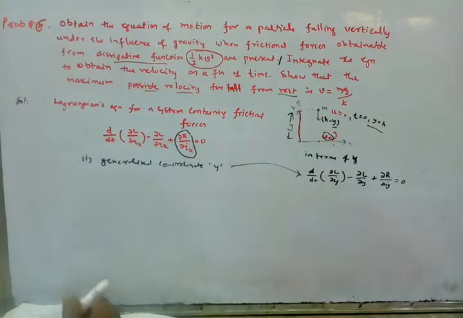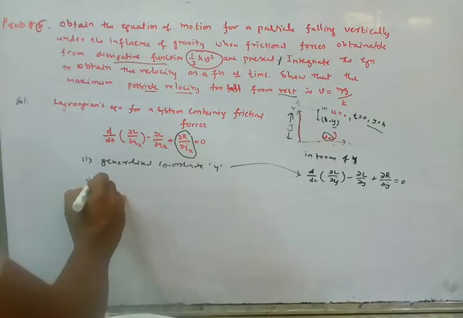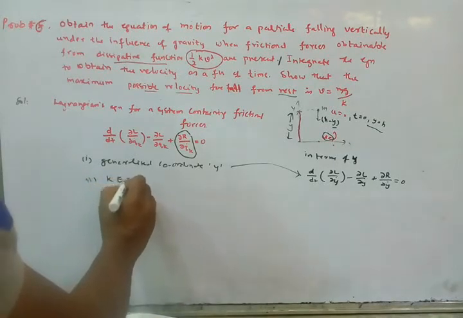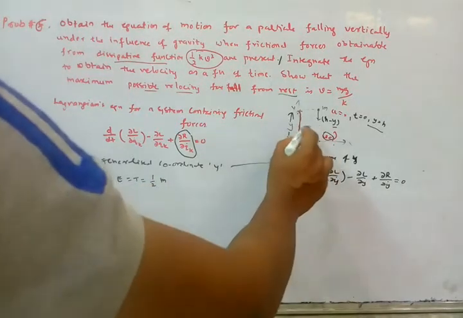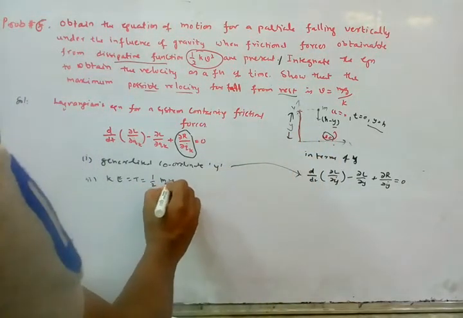So what is the second step? The kinetic energy of the system is equal to half m y dot squared.